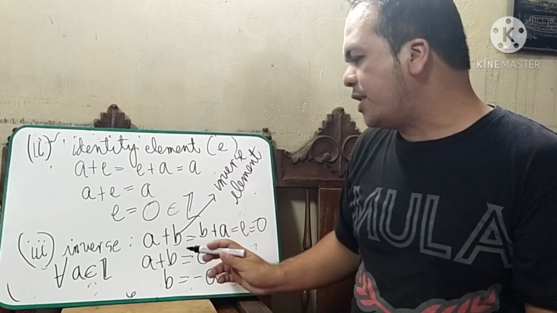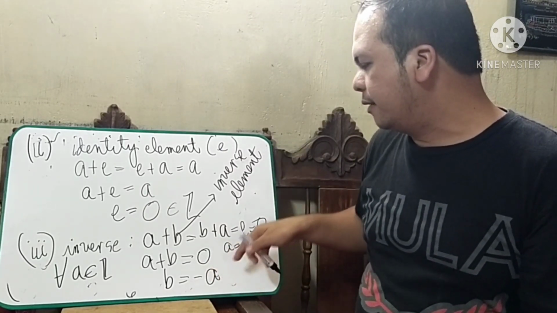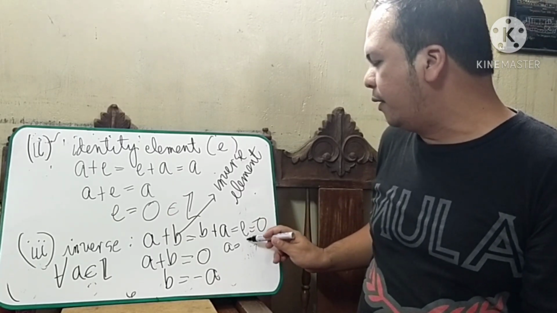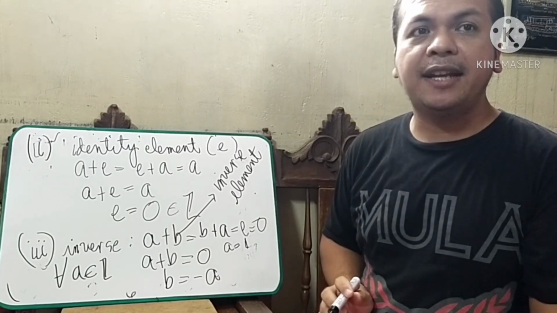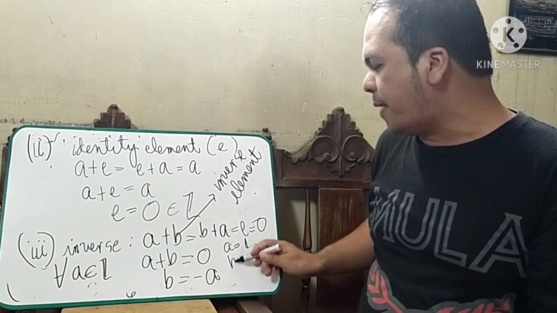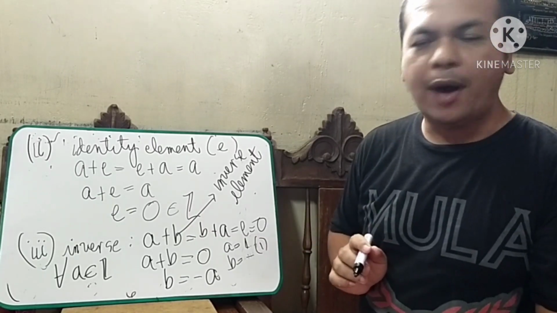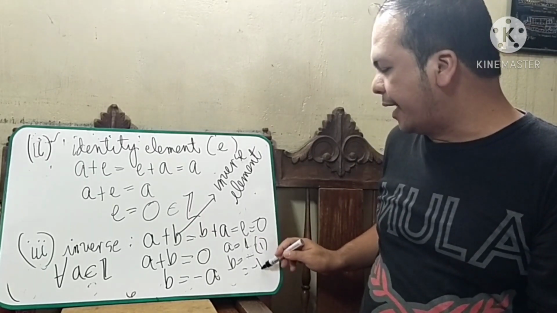Say, ang integer natin ay a is, for example, positive 1. What is the inverse element of positive 1? We know that the inverse of positive 1 is just the negative of that value 1, which is equal to negative 1.